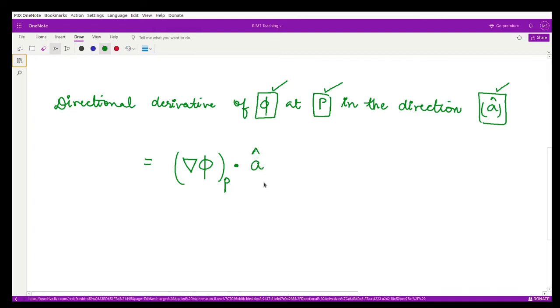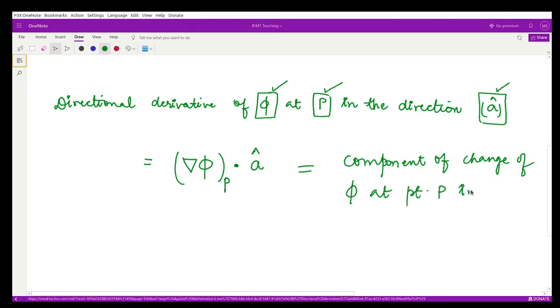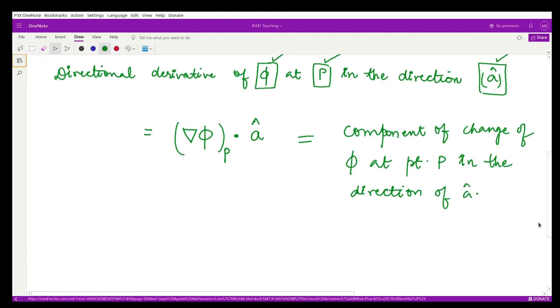This will give you the component of change of phi at point P in the direction of vector A. You should remember this formula for computing the directional derivative.